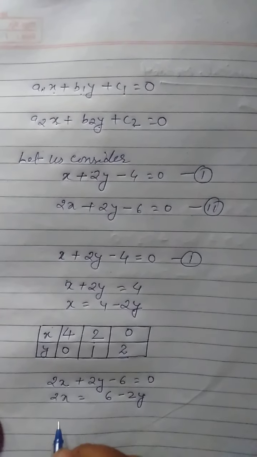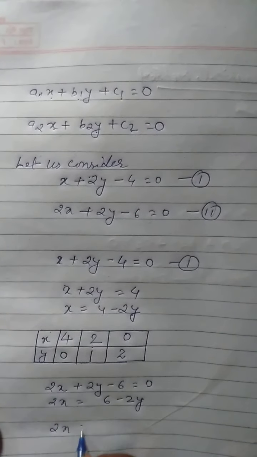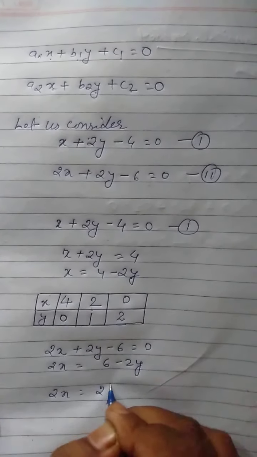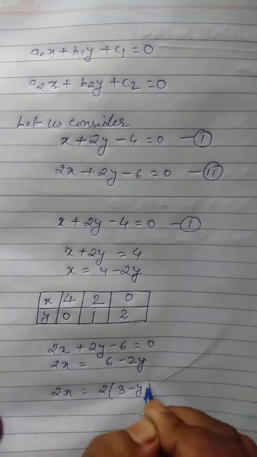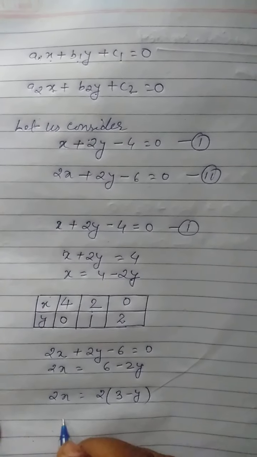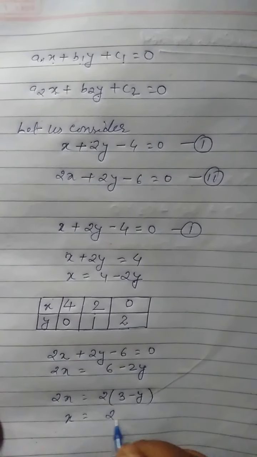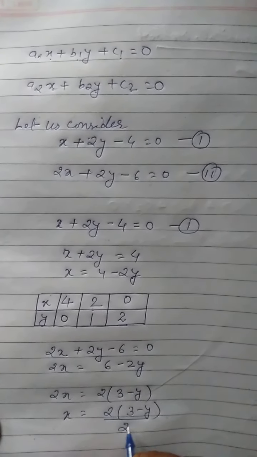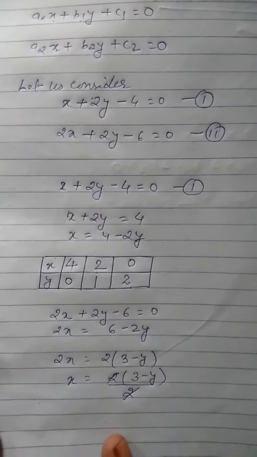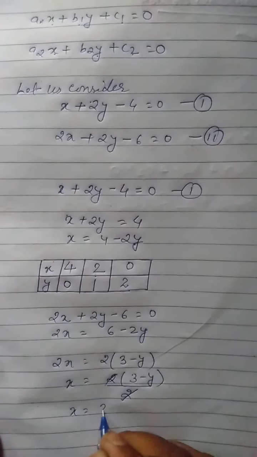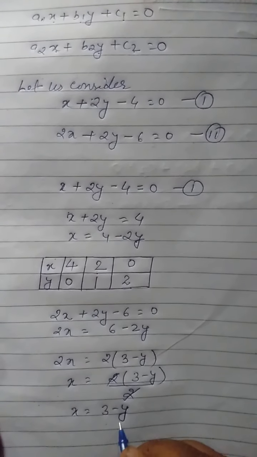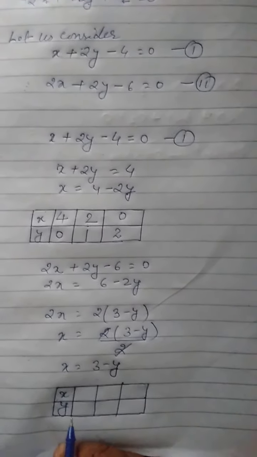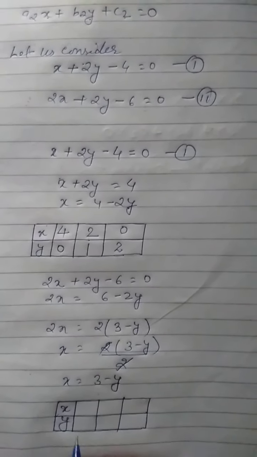Again we can write 2x equal to, if you take 2 as common, 2 into 3 minus y. Now x equal to 2 into 3 minus y divided by 2. 2 will cancel. Therefore, x equal to 3 minus y.